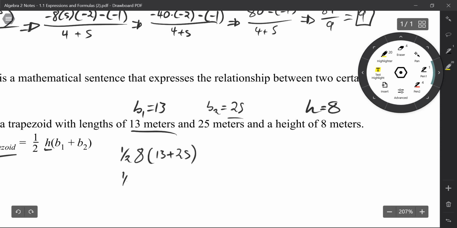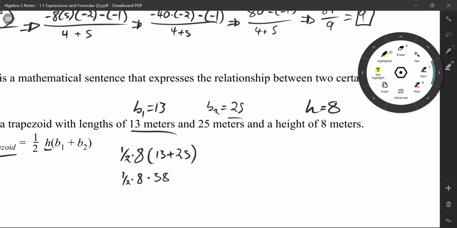So we'll just carry everything else down. 1/2 times 8. Put a little multiplication up there to make it clear. And that is the quantity. 13 plus 25 is going to give us 38. And now, because we just have a single value within these parentheses, we can get rid of them as long as we know what was happening to them as we multiplied. So now we're just left with 1/2 times 8 times 38.